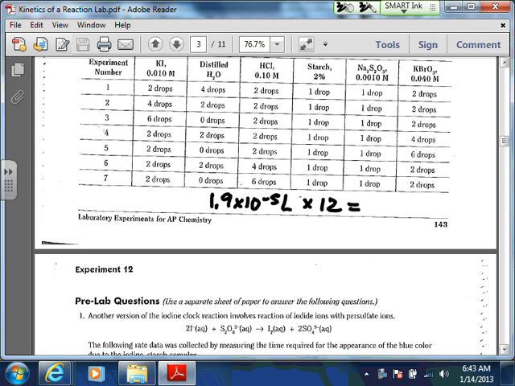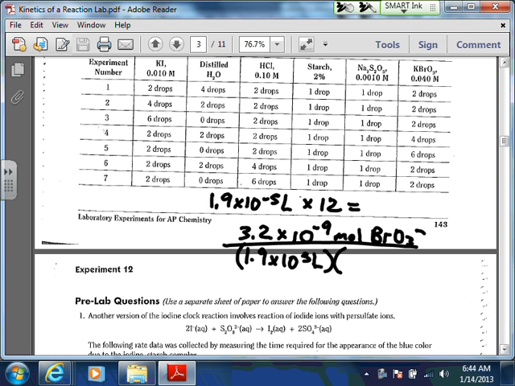Then to find the rate of each of the reactions, now that we have the concentration of the BrO3 minus, in our example, I think we found 3.0 or 3.2 times 10 to the negative ninth moles of BrO3 minus, and you divide that by the volume, which is 1.9 times 10 to the negative fifth liters times 12, because there's 12 drops there.